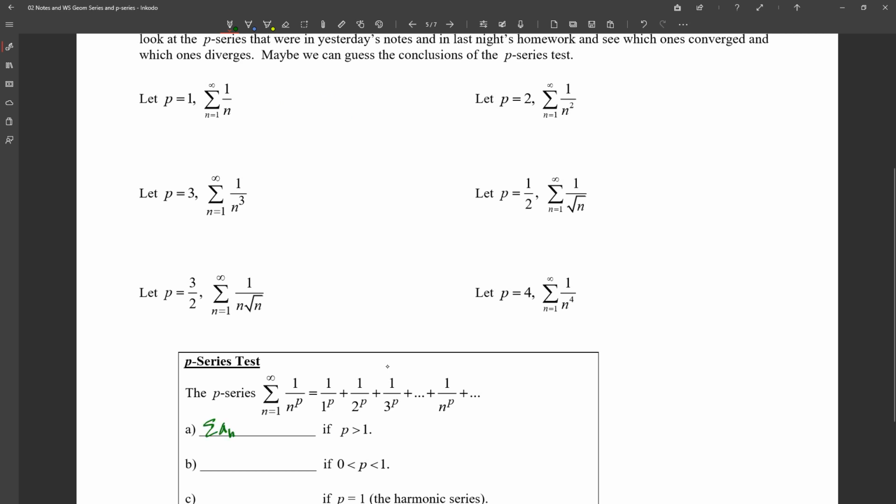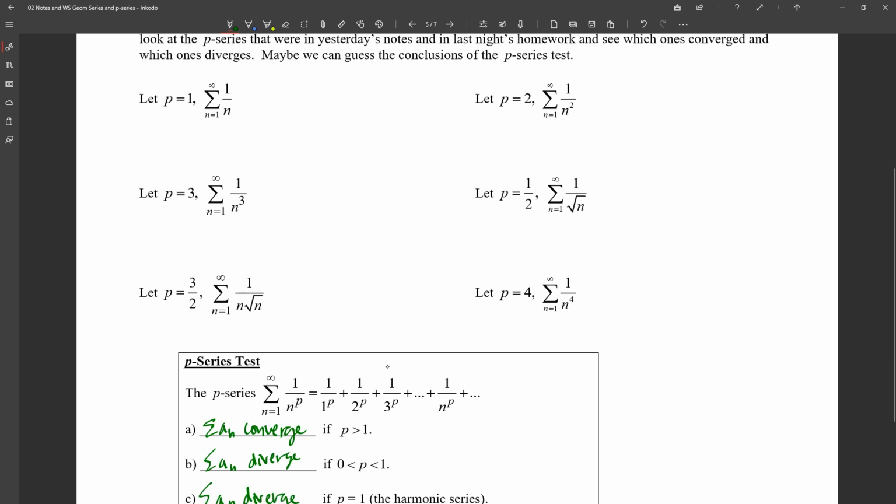So the series will converge if p is greater than 1. This series will diverge if p is a fraction, and p must be positive, okay, so it's greater than 0. And if p is equal to 1, then what you know is that the series will diverge. All right, so that's your answer, okay?